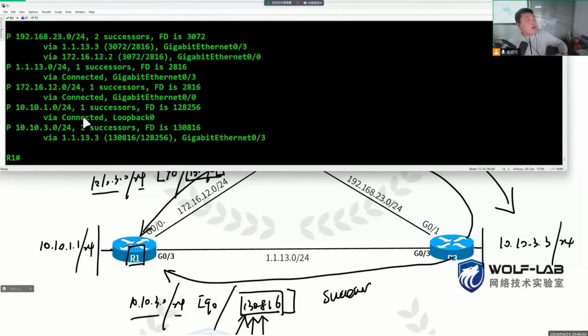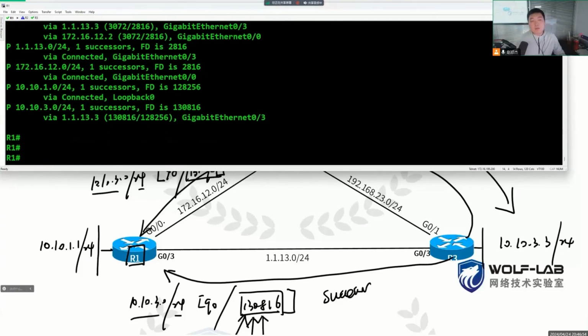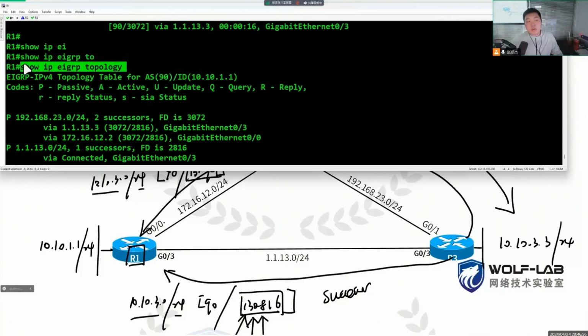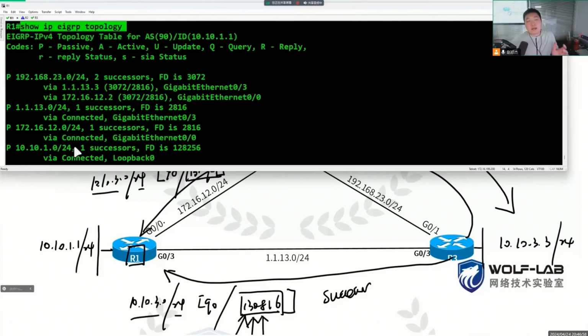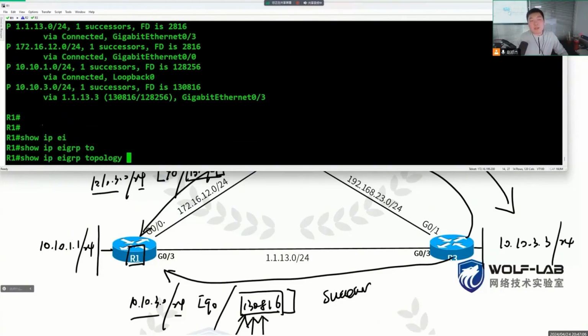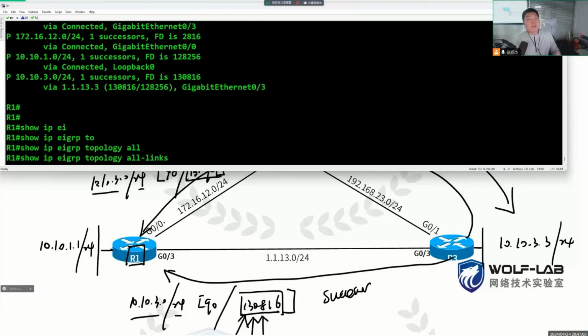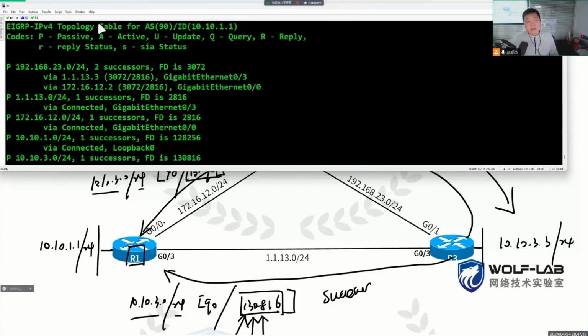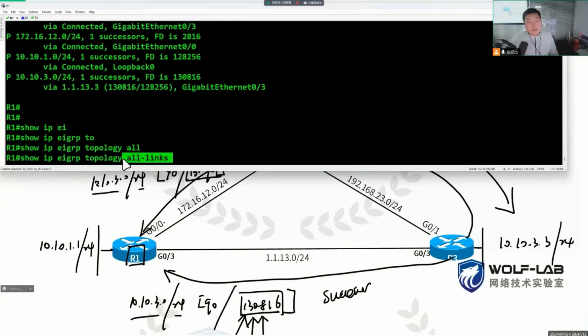So how do we see all links? What should we do? Because, as we just mentioned, directly using show, you can see our successor routes and feasible successor routes. So if not met, use show ip eigrp topology all-links. By default, you will only see successors and feasible successors.